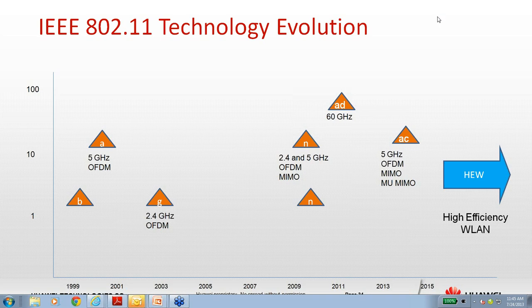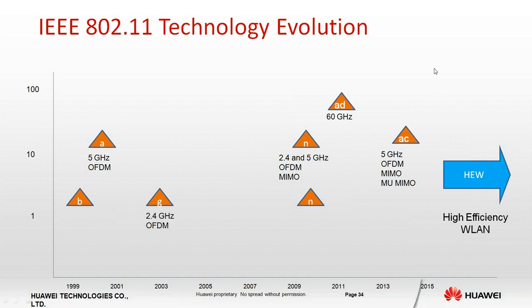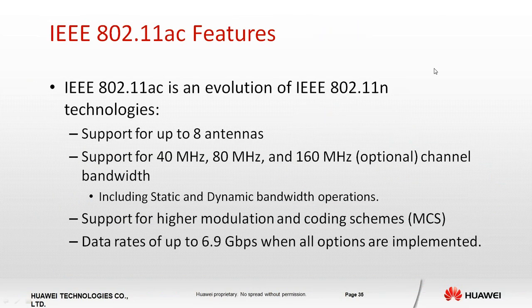In the next slide, I'm going to provide some very high-level details on 11AC. So basically, as I mentioned, it's an evolution of 11N. It supports up to 8 antennas and 8 spatial streams, unlike 11N, which can support only up to 4x4 antennas.